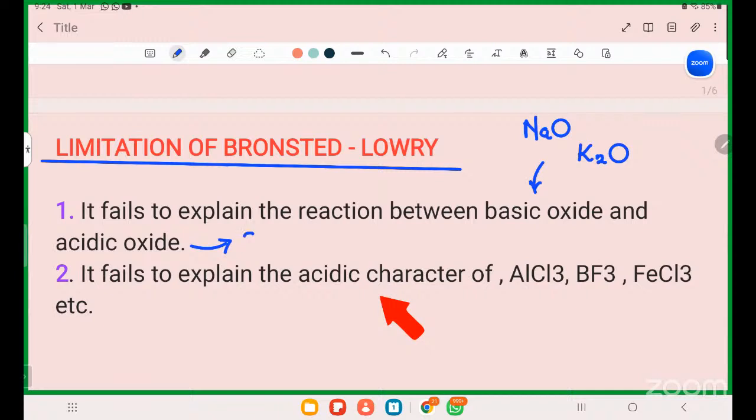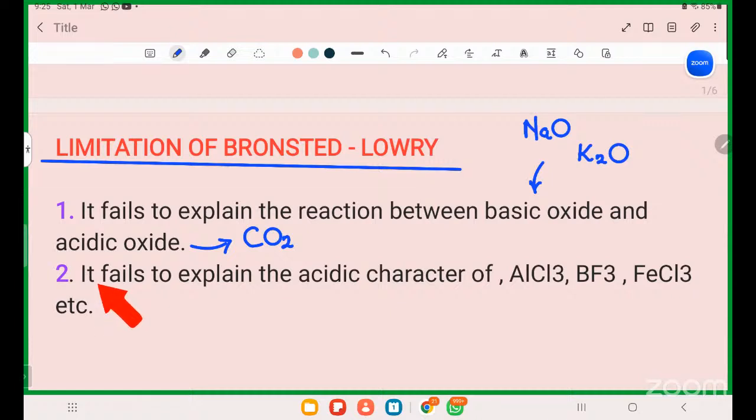For instance, carbon is a non-metal, then the oxide, carbon dioxide, is an acid anhydride, an acidic oxide. So Bronsted and Lowry failed to explain the reaction between basic oxide and acidic oxide.